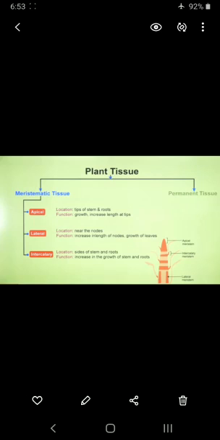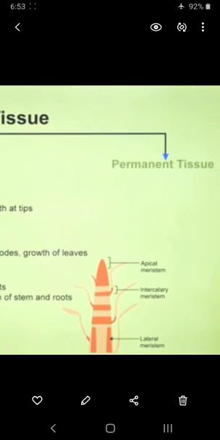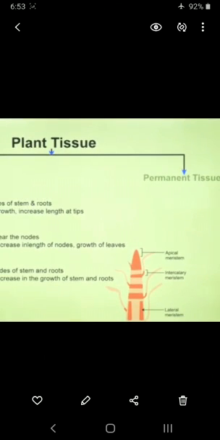Next is the lateral meristem. Lateral we can say cambium. These are present below the bark, as cambium in the dicot root and dicot stem. The intercalary meristem is present near the nodes. Its function is to increase the length of the node and the growth of leaves.